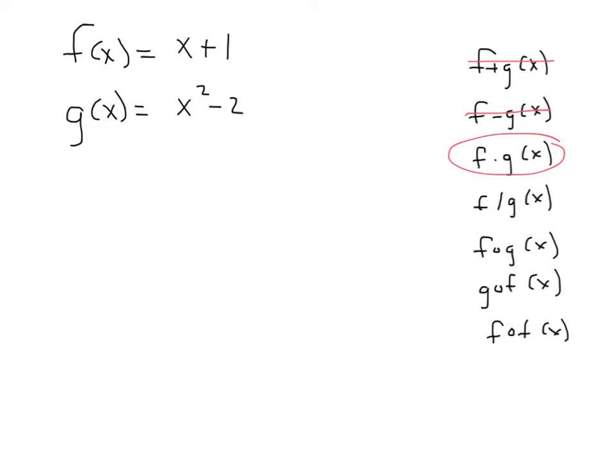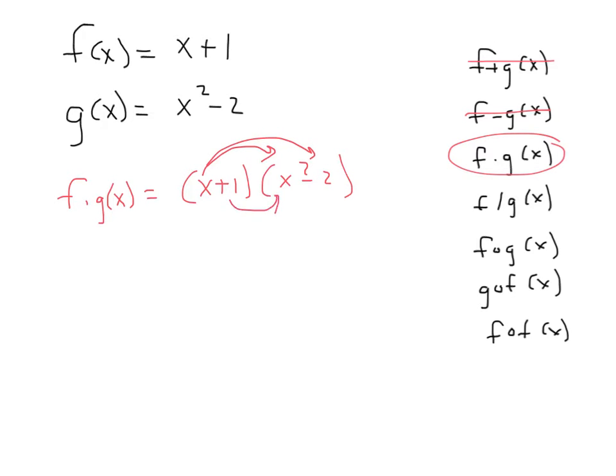So now we're going to look at f times g of x. And to do f times g of x, you do just that. You write down f in parentheses and g in parentheses and use the idea of foiling, or just make sure x gets to meet both of these through multiplication and then 1 gets to meet both of these through multiplication. So let's start with x meeting x squared.